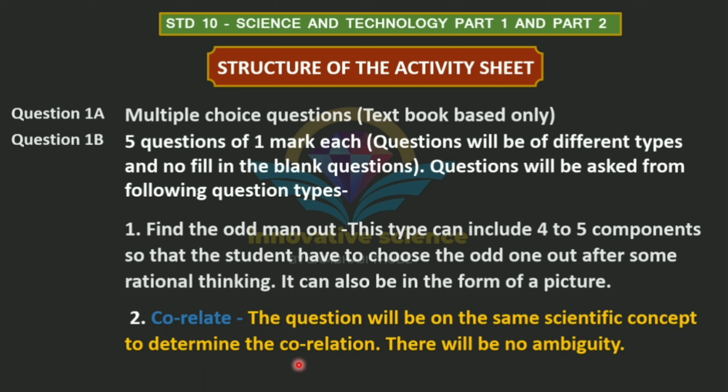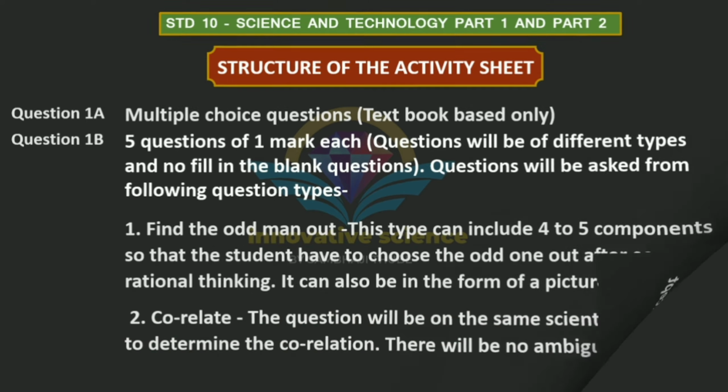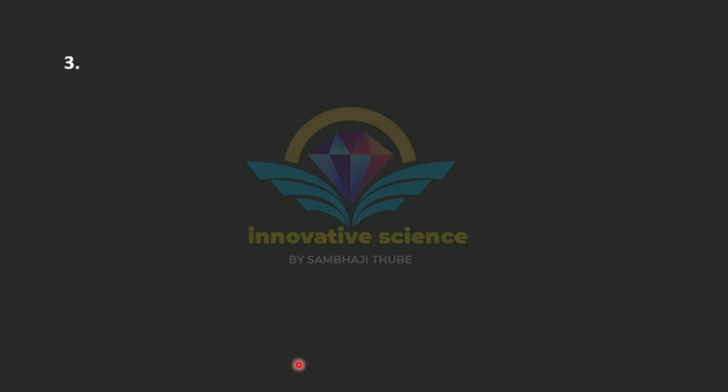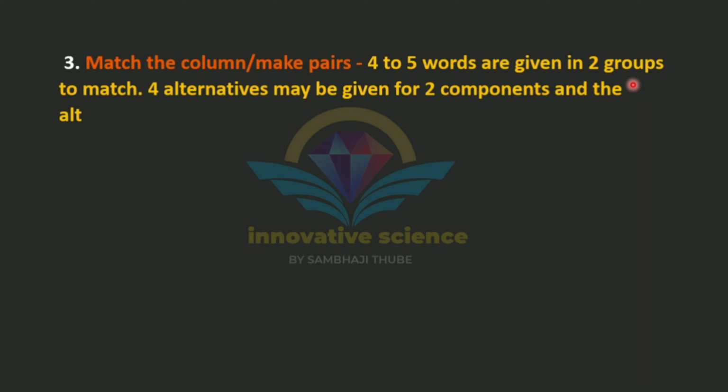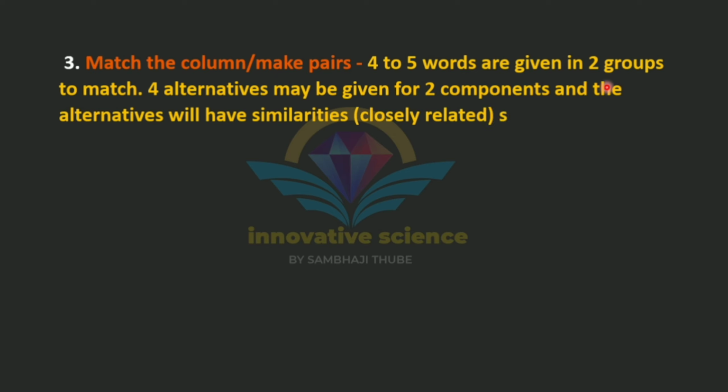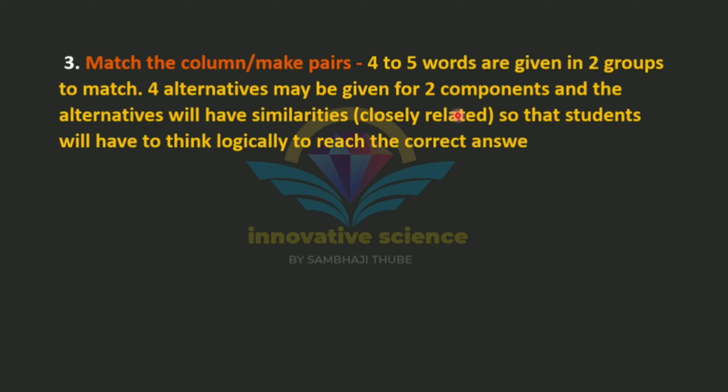Then the next type of question is match pairs. Match the columns or make pairs. 4 to 5 words are given in 2 groups to match. 4 alternatives may be given for 2 components, and the alternatives will have similarities.